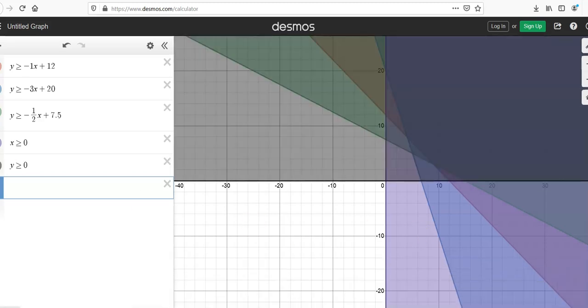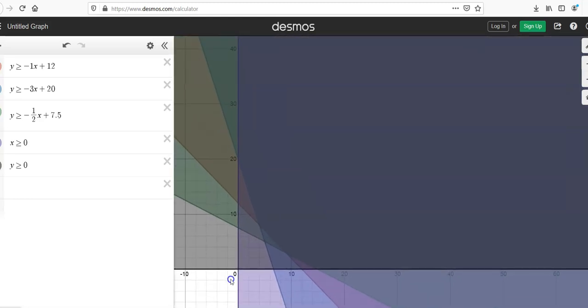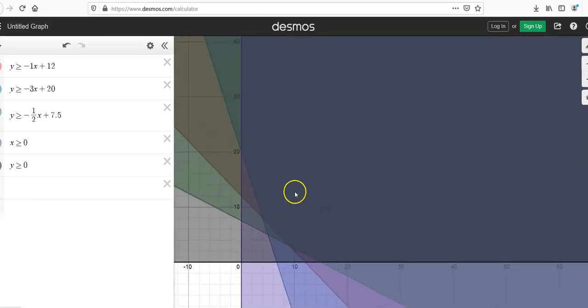So we have that, and I can hopefully grab the screen. And so now it's graphed for us, and you can see this darkish shaded region here to the right where my cursor is. That is our feasible region. And so our feasible region would go all the way down the y-axis here, bump when we hit the 20, arrow over a little bit, bump when it hits this point, come down, bump when it hits this point, bump when it hits the x-axis, and then follow on through.